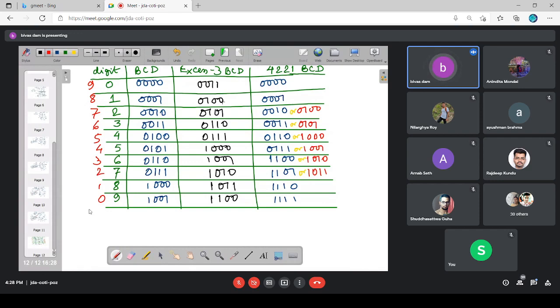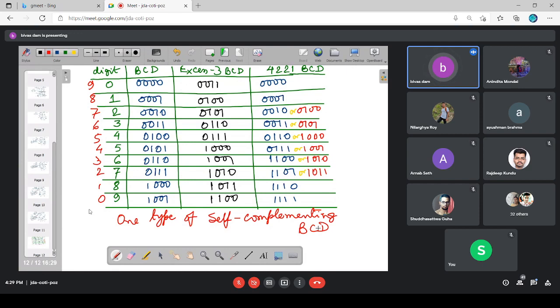That's why in this excess-3 BCD, just by taking bitwise complementation, we arrive at the excess-3 BCD of the 9's complement. That's why this excess-3 BCD is called one type of self-complementing BCD. What do we mean by self-complementing BCD?